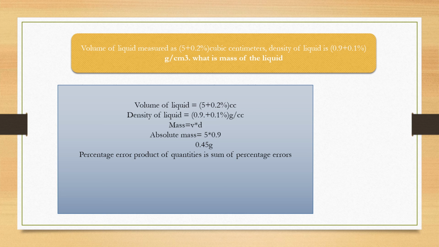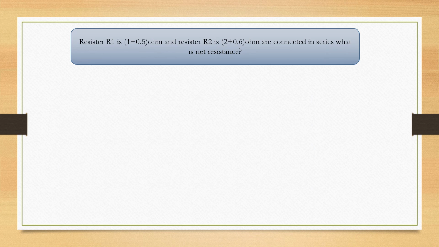We know the percentage error in a product is the sum of the percentage errors of the individual quantities, that equals 0.2 percent plus 0.1 percent, that equals 0.3 percent. The resultant mass of the liquid is 4.5 plus or minus 0.3 percent.